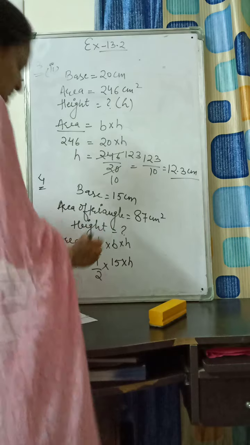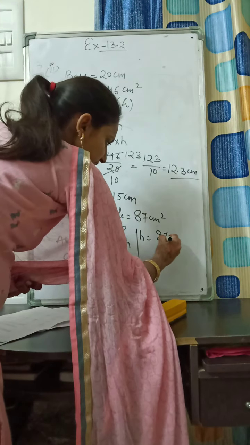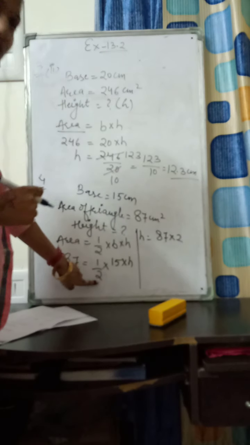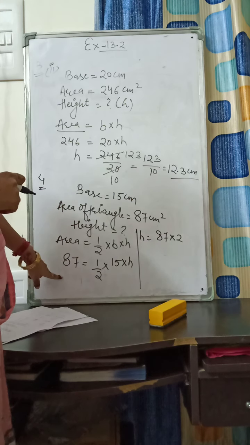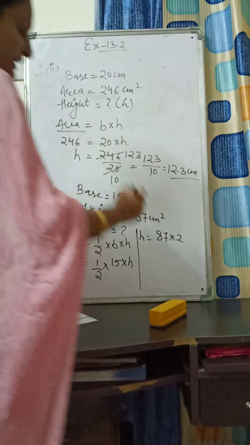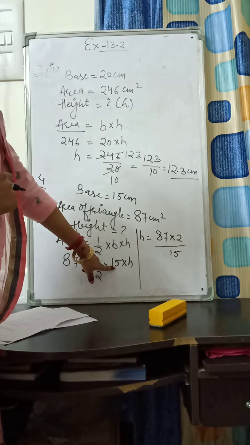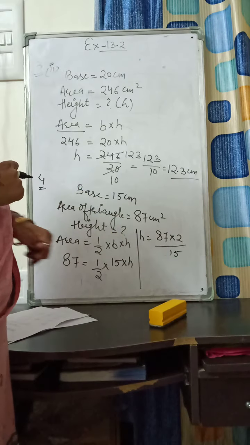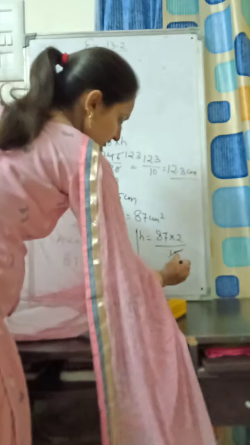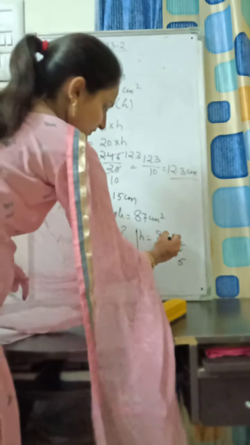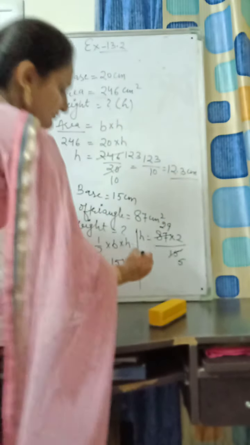So now we can write that h will be equal to 87 into 2, because the 2 is divided on the right side, and when it goes to the left side it will be multiplied, and that will be divided by 15, because 15 is multiplied here and on the left side it will be divided. Now we will cancel by 3. 3 fives are 15, 3 twos are 6, and 3 nines are 27.